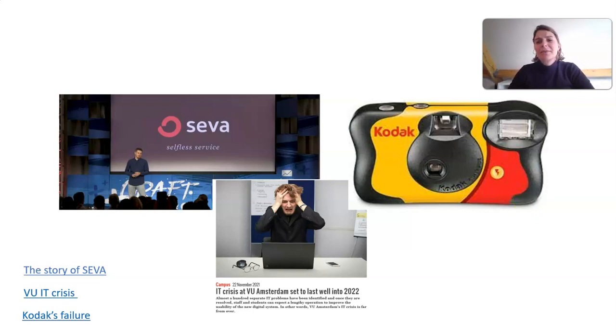I'm not going to discuss them in full detail here, but here you can click the links to understand more specifics about these examples. For now, it's important to understand that for all of these organizations, they made big failures when changing something within the organizations, or in Kodak's case, failing to make such a change.